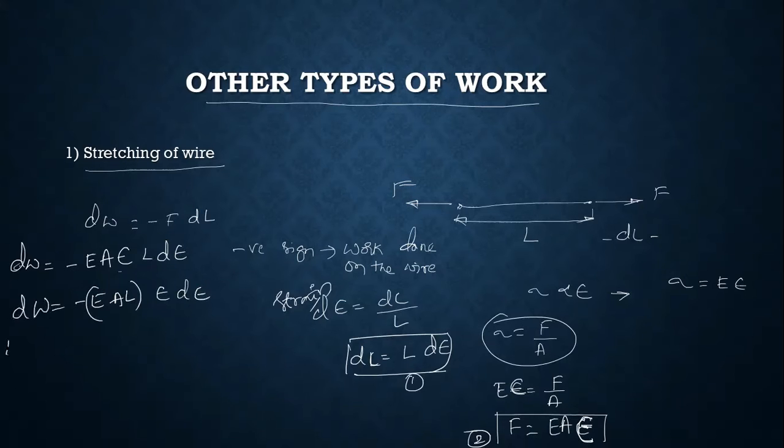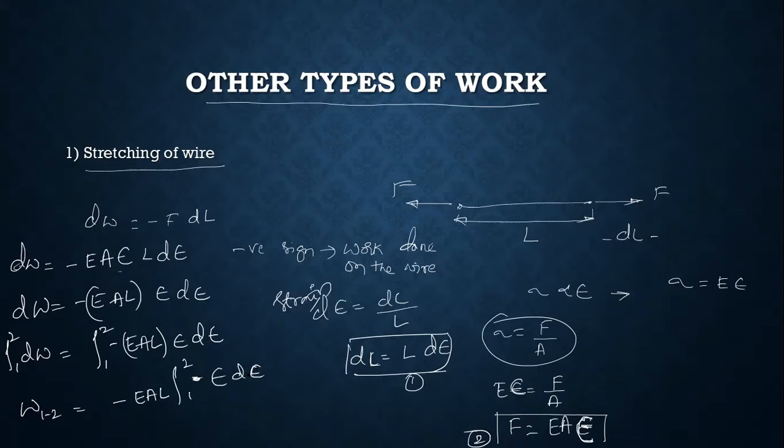For the two states, if I integrate, dW is equal to integral 1 to 2 of minus E A L into strain d(strain). So W1 to 2 is equal to minus E A L times the integral from 1 to 2 of strain d(strain).